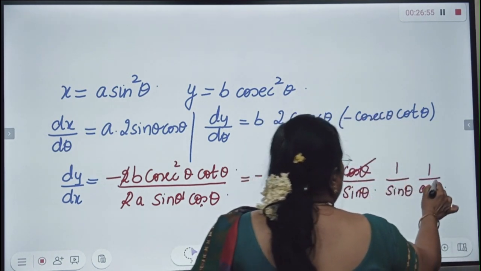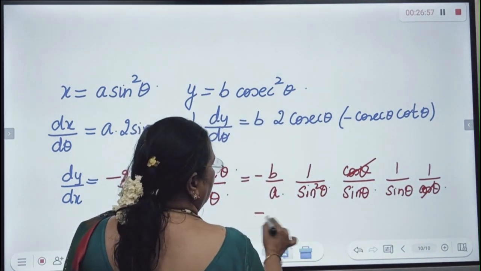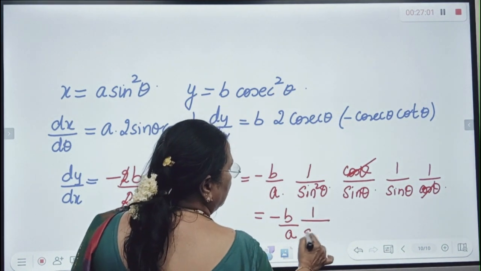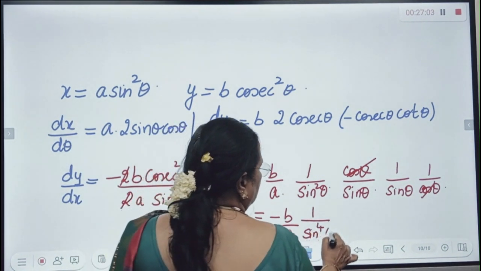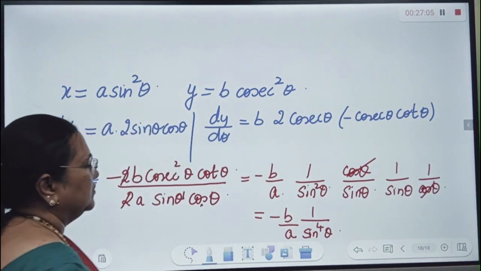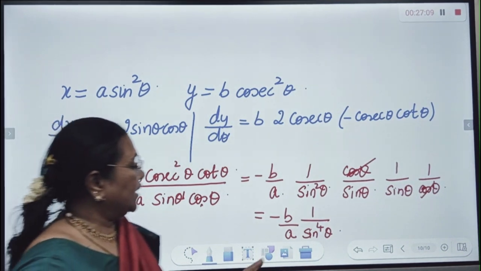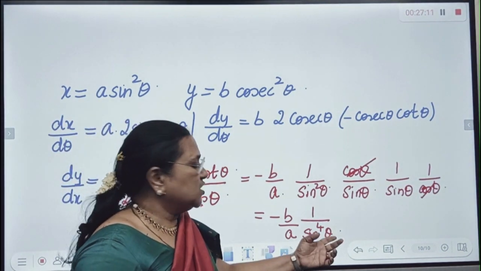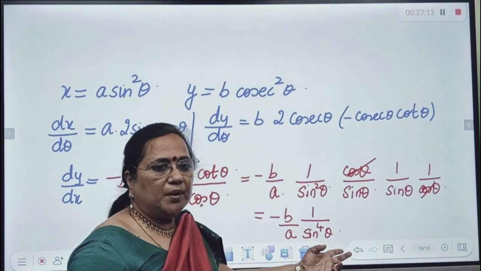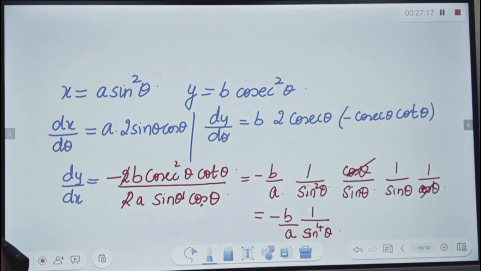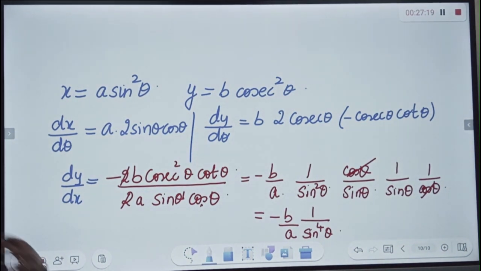So cos theta gets cancelled, giving you minus b by a, 1 by sin power 4 theta. Suppose you are asked to find the slope at theta equal to pi by 2. Then you will substitute theta equal to pi by 2, sin pi by 2 is 1. So the slope will only be a constant, which is b by a.